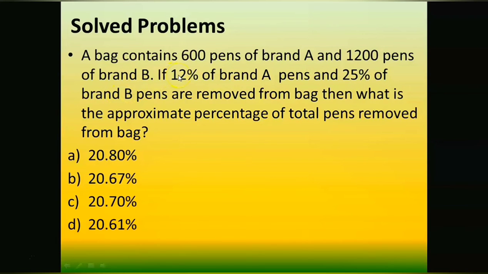So first we will have to calculate what is 12% of brand A. That means 12% of 600, because brand A pens are 600 in number, and 25% of brand B. That means 25% of 1200, because brand B pens are 1200 in number.